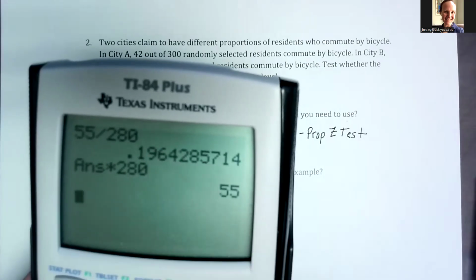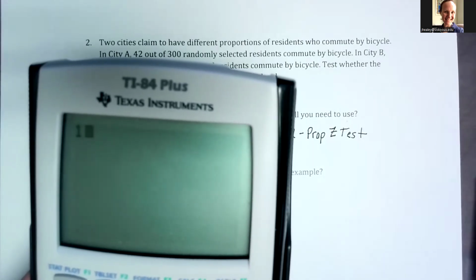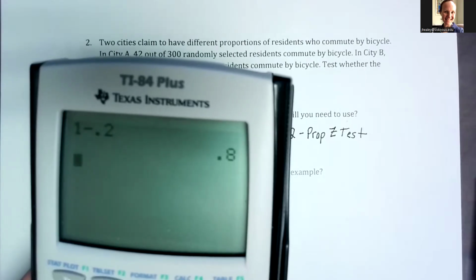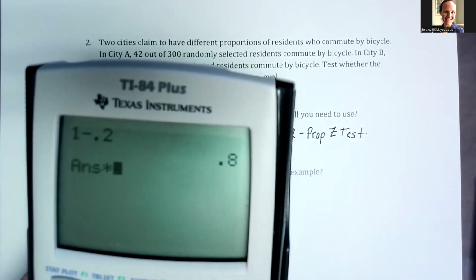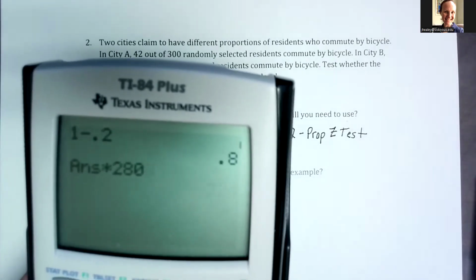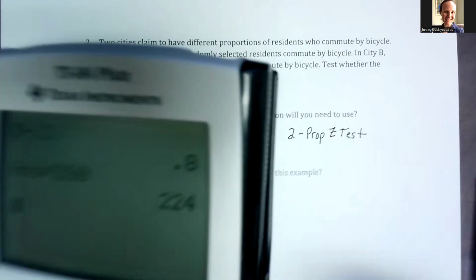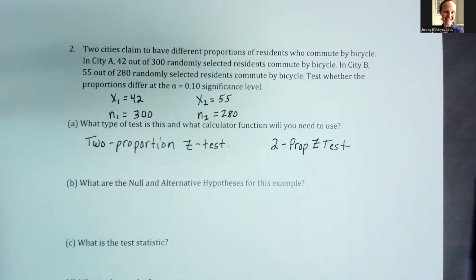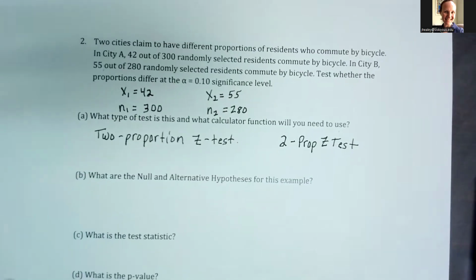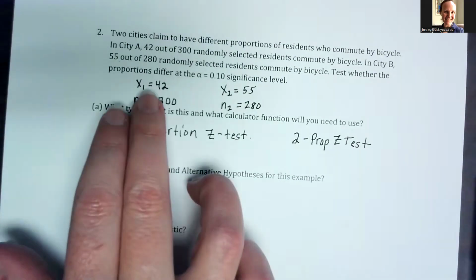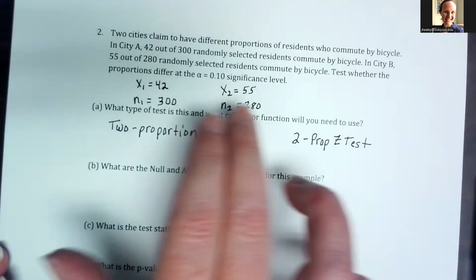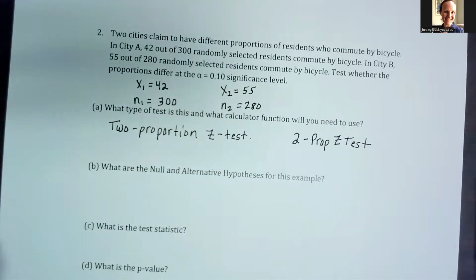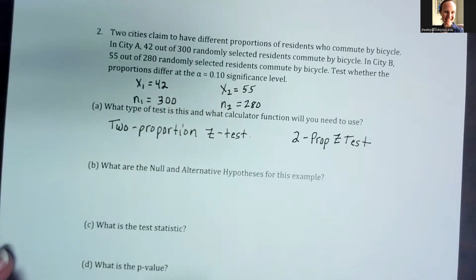And then if I round that to 0.2, then 1 minus 0.2 is going to give us the Q sub 2. So the Q2 is 0.8, and we're going to multiply that by the 280, and we got way more than 5. So second proportion is also good to go for us to use the two proportion z-test. So you always want to check that your P times your N and your Q times your N for both proportions is 5 or bigger. So we've checked that. We're good to go.